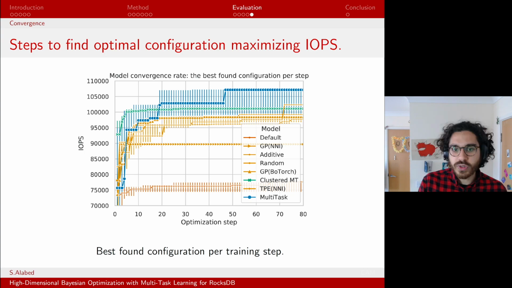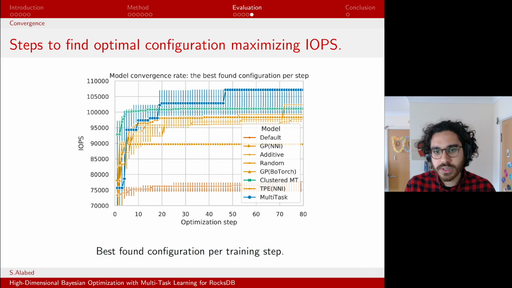We can see it converges very fast and finds a performance 1.3 times improvement over the default in just 12 steps, whereas the next best state-of-the-art method, TPE, takes 72 steps just to find slightly better configurations.